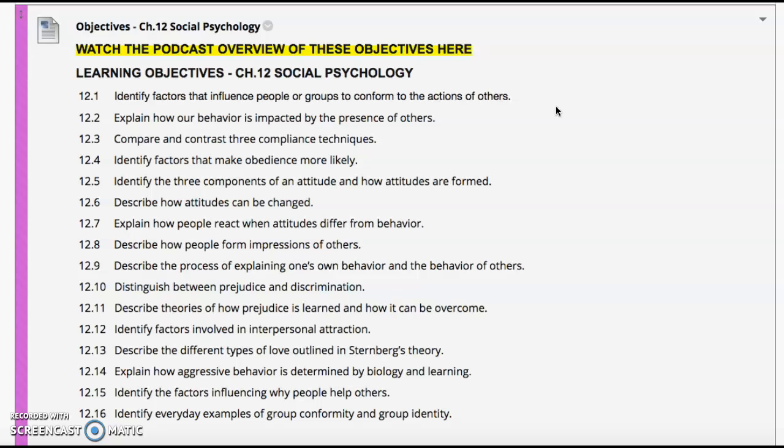So that'll be interesting to see some tactics that are used there and how people react when attitudes differ from behaviors. So when there's sort of a discordance, when I say one thing and I do something else, right? We think of that as being hypocritical. This is often actually very common in human behavior. We espouse to support an idea or an ideology or just a thing that we're in favor of or not in favor of, but then our behavior sometimes doesn't back that up, and we do something different.